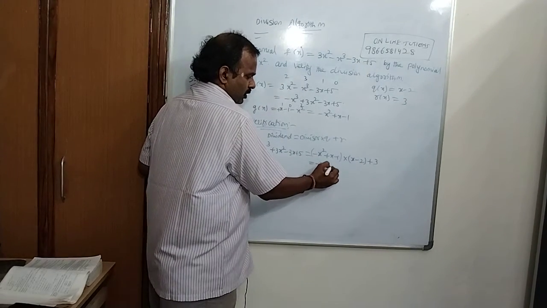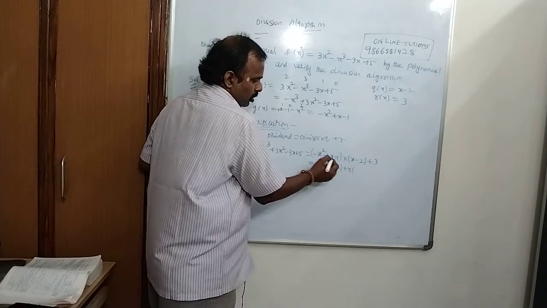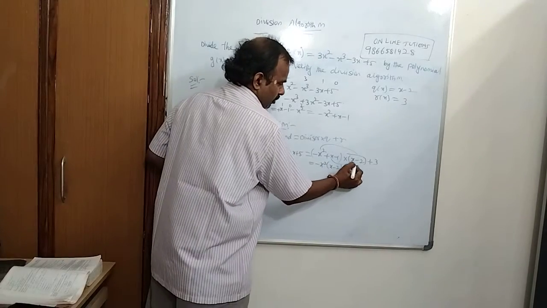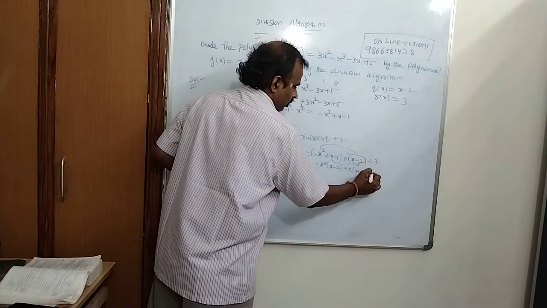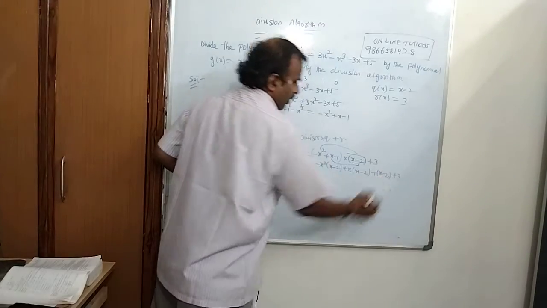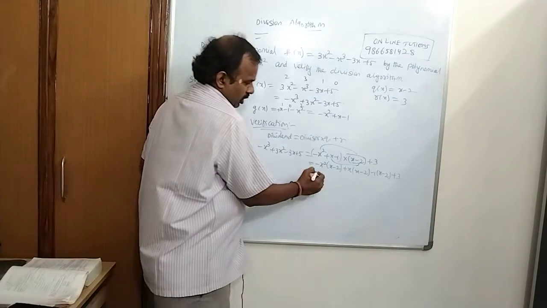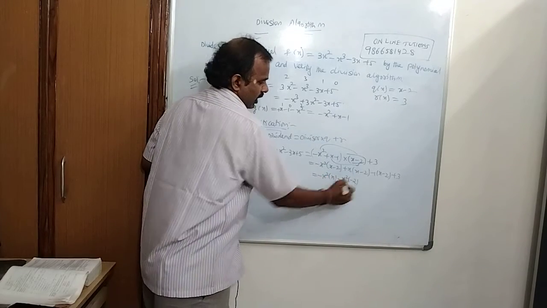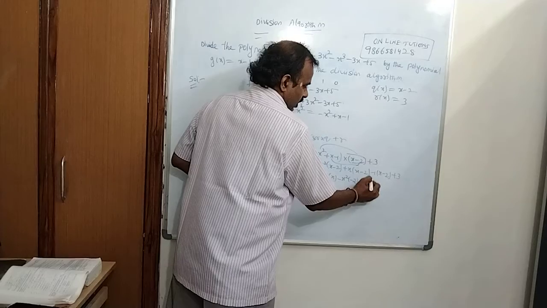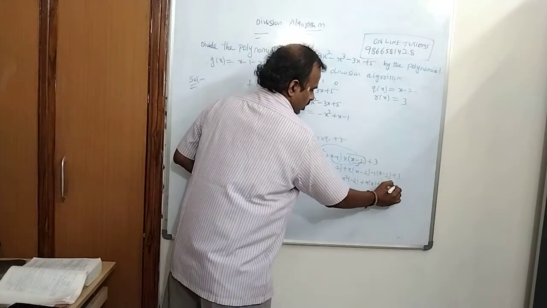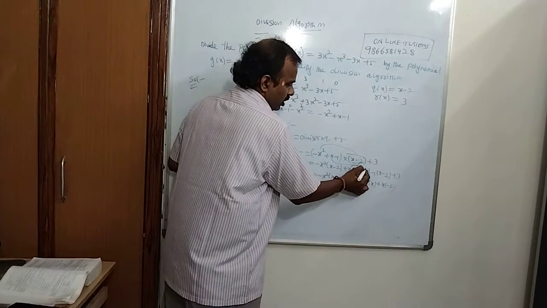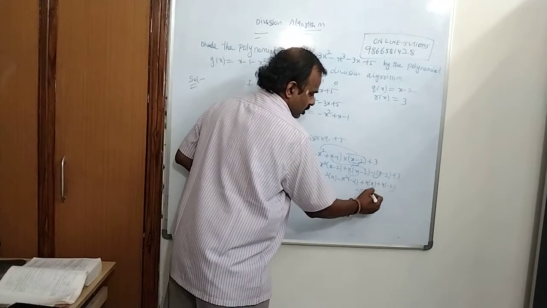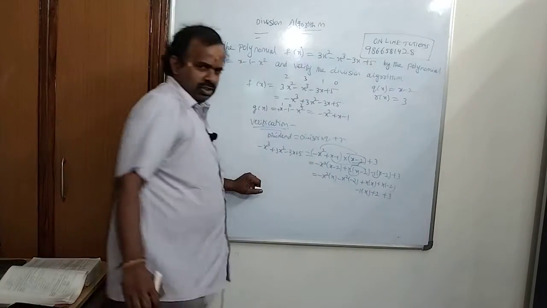Now minus x square into x minus 2. This minus x square should be multiplied with x minus 2, x should be multiplied with x minus 2, minus 1 into x minus 2, plus 3. So here minus x square into x, minus x square into minus 2, plus x into x, plus x into minus 2, minus 1 into x, minus 1 into minus 2, plus 3.